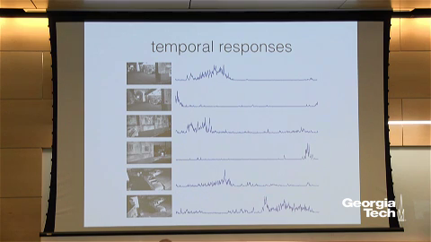In particular, we have a cluster like this that seems to be very loosely correlated with the other population responses. And so this starts to give us some idea of what these neurons are responding to in terms of the temporal dynamics. And we need to look more into what the actual characteristics of these movie frames are, or what parts of the movie these different neurons are responding to.